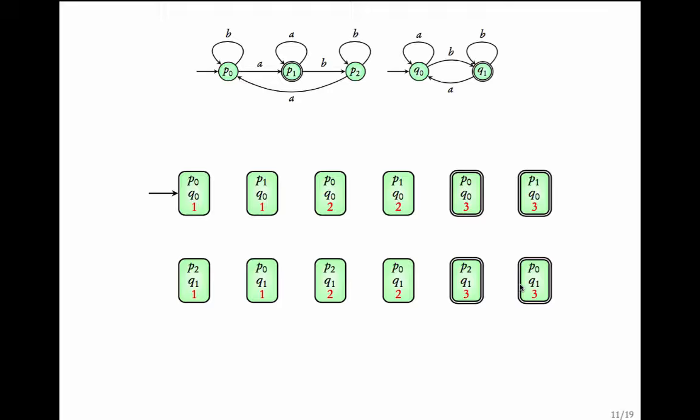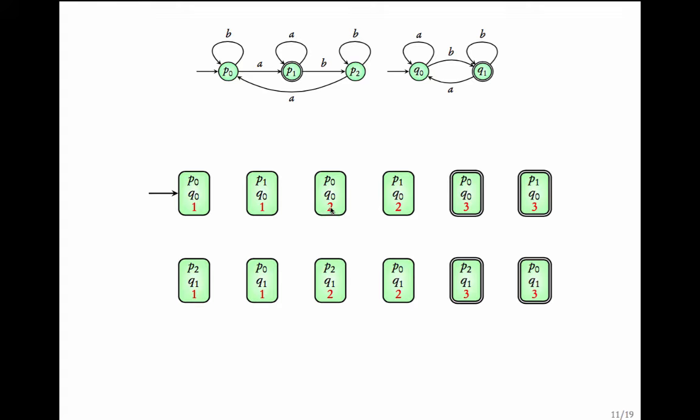Now what is the role of this flag? The states with flag 1 are waiting to see an accepting state of the first component. The states with flag 2 are waiting to see an accepting state of the second component.